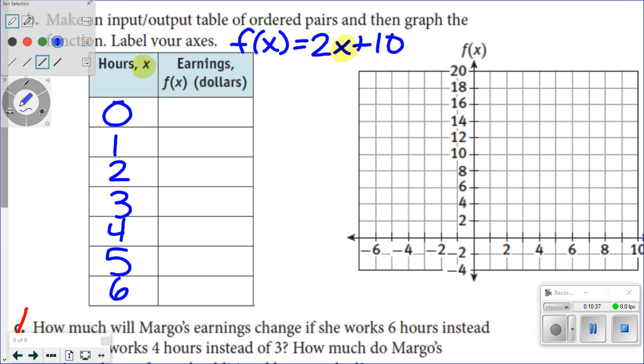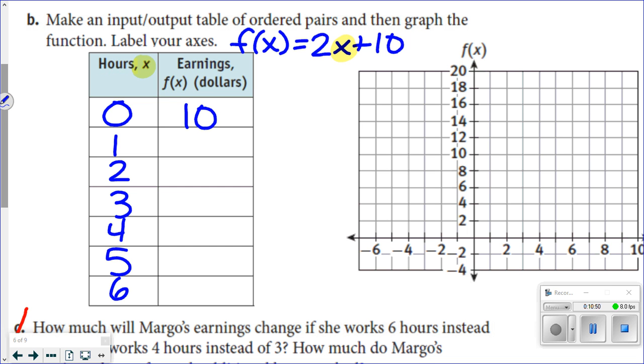So it would be 2 times 0 plus 10, 2 times 1 plus 10. If she works 0 hours, 0 plus 10 is $10. So it would look like this: 2 times 1 plus 10, 2 times 2 plus 10, and so on.